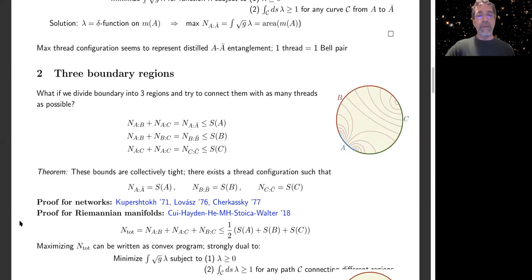So it's very similar. You write down a convex program which maximizes the total number of threads, and then you show that that's strongly dual to, again, this sort of barrier building problem where now you want the distance, or the amount of barrier, between A and B to be at least 1, between A and C to be at least 1, and between B and C to be at least 1.